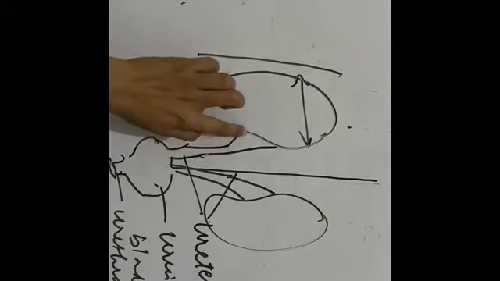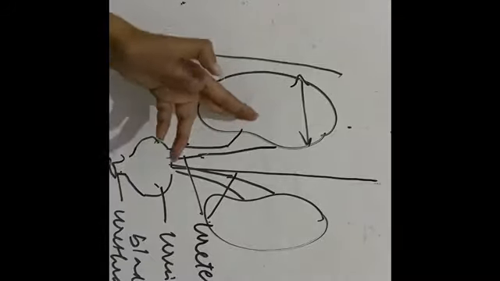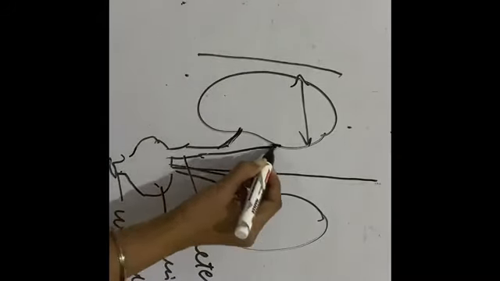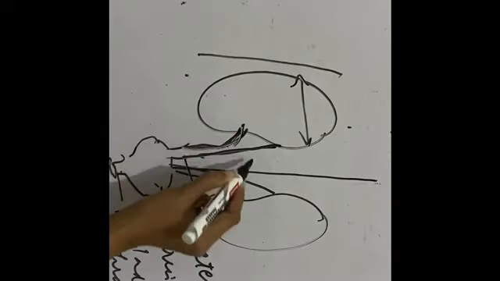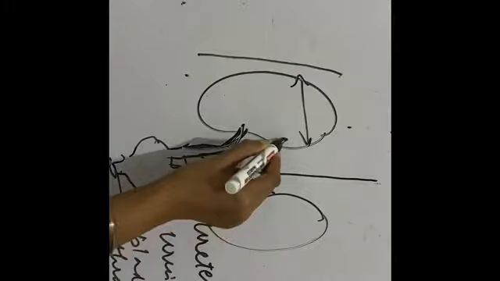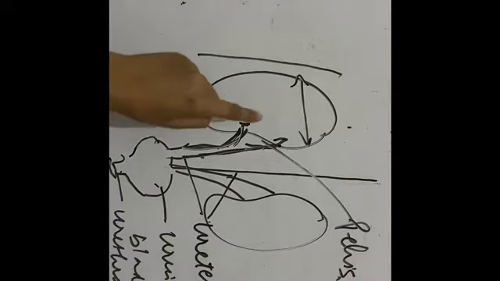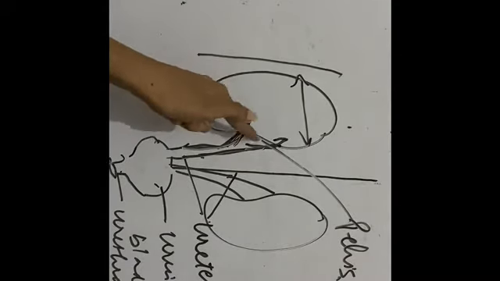All right, now the part where the ureters are attached to the kidney is a little bit broad. This part of the ureter is a bit broad and it is known as the pelvis. And the point where the ureter is attached to the kidney is known as the hilum.